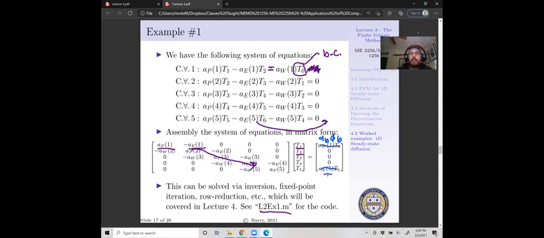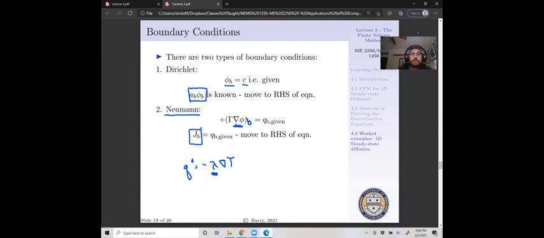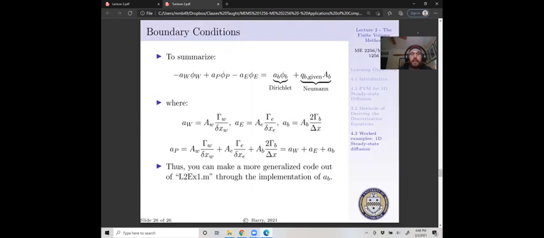And if this was a flux, all we have to do is move JB right on over. So that's really easy to incorporate these boundary conditions. Incredibly easy. And you're going to see that on a homework assignment.